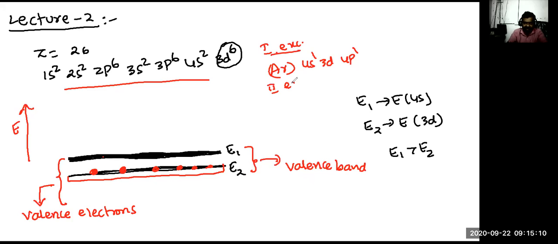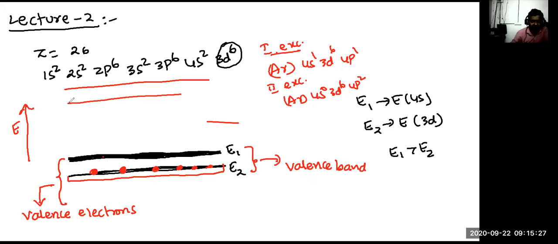In the second excited state, we can write it as argon 4s0, 3d6, 4p2. So we have two states like this: the first excited state and the second excited state.